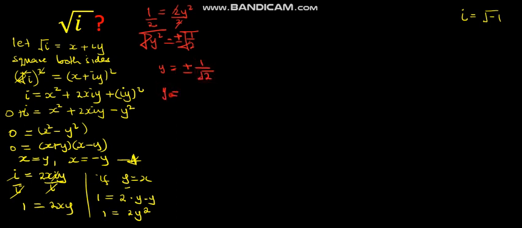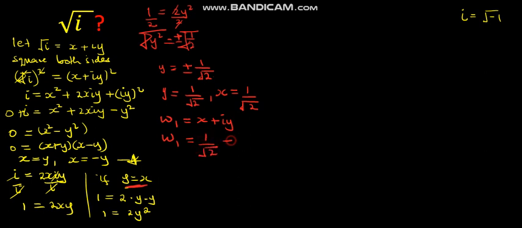So when y is equal to 1 out of root 2, what will be our x? Our x will also be 1 out of root 2, because we said that x is equal to y. For the first case, x is equal to y, and the first root will be x plus iy. So our first root will be equal to, we say that our x is 1 out of root 2, and the y which we obtained is 1 out of root 2. So that is the first root.